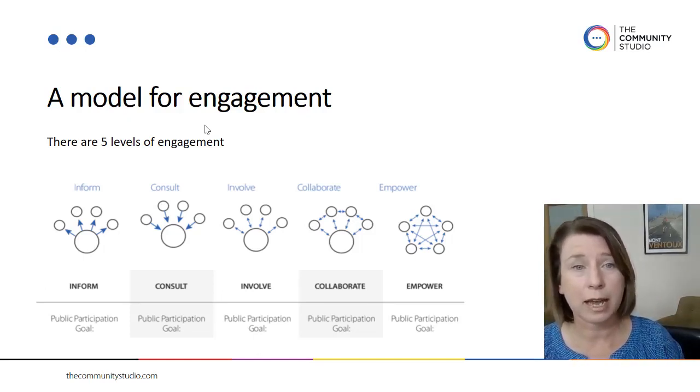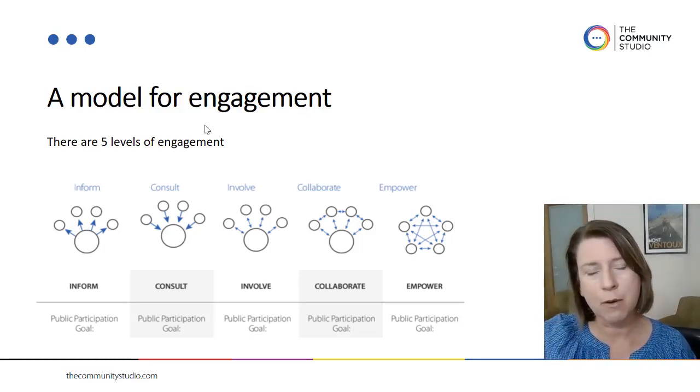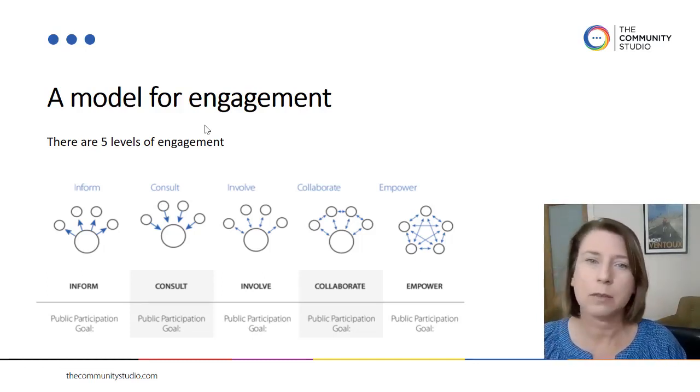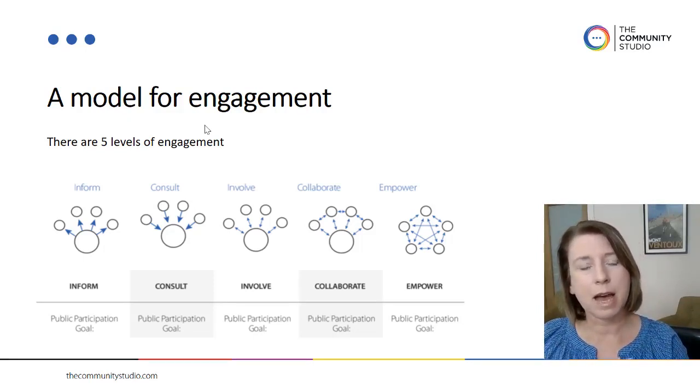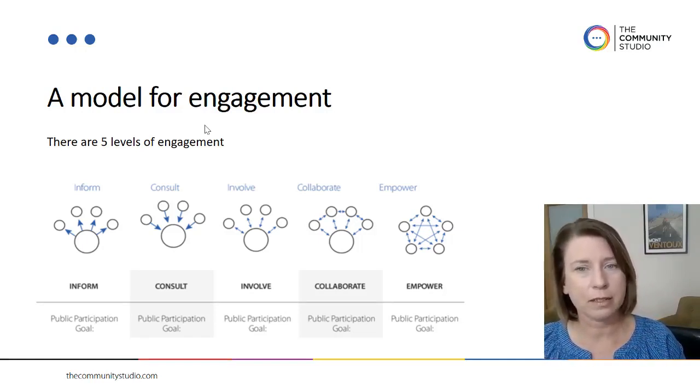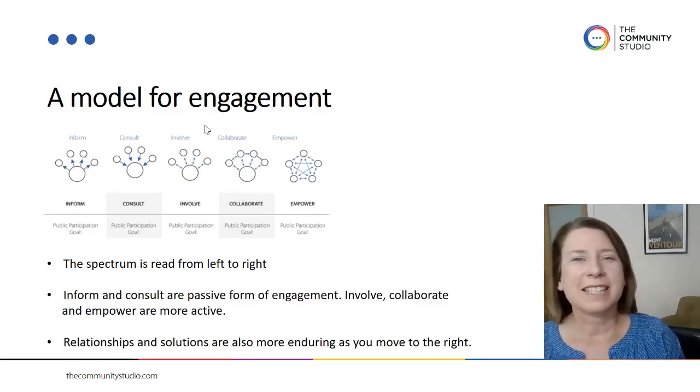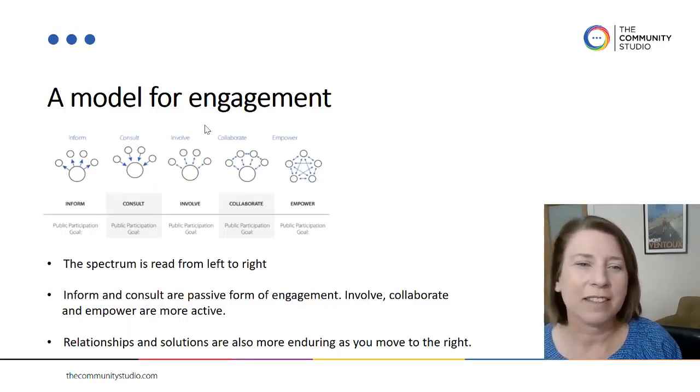It's very much communication. Inform is communication. And then you go up to empower, where there is no big circle. The big circle is sitting with the smaller circles in that diagram, and in empower, decision making is shared. It is a shared decision making area, empower. So let's take a little bit more of a look at this model.